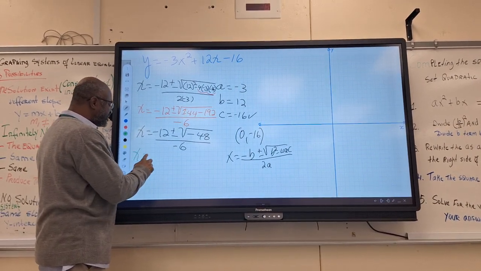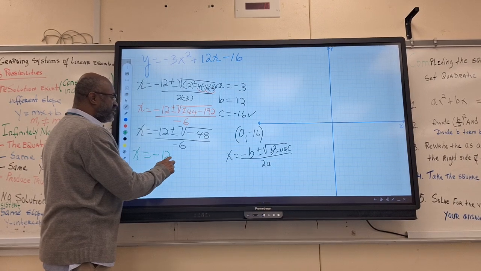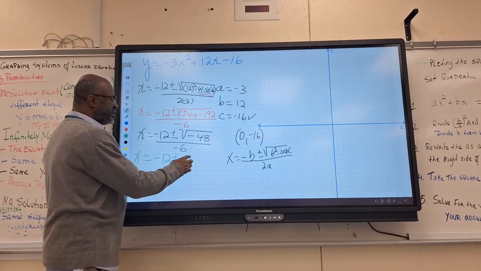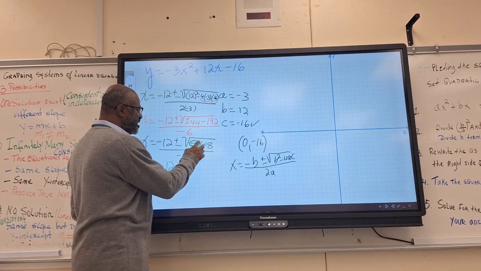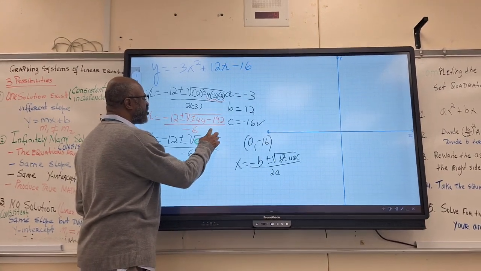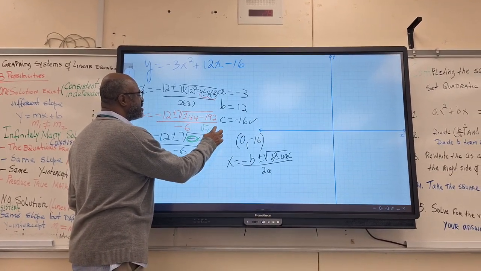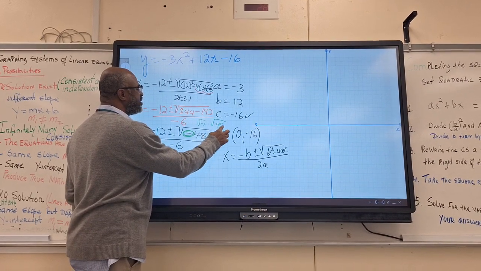So you will have x equals minus 12 plus or minus. This is an imaginary number, a square root of negative 1 times 48.